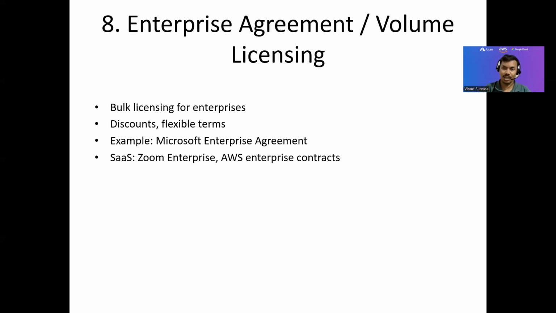The next one is enterprise agreement, which is also called volume licensing, right? So bulk licensing for enterprises is majorly focused on by larger companies, and it is also affordable with discounted rates and flexible terms.